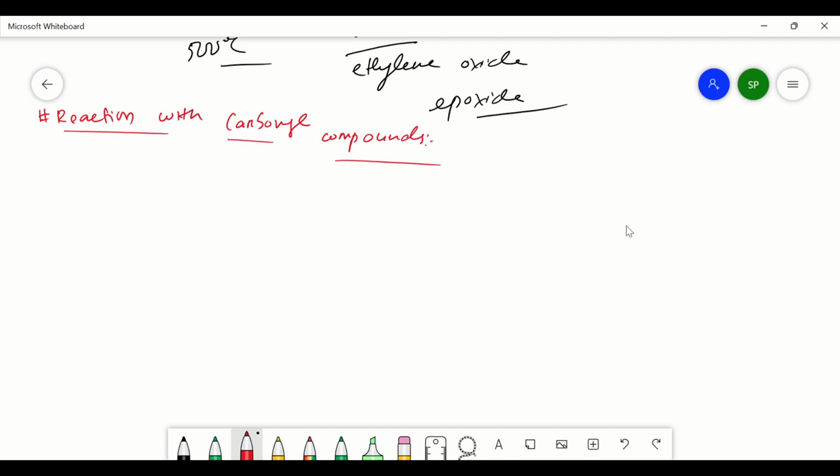Reaction of these diols with carbonyl compounds. Let us consider if we take ethylene glycol with acetaldehyde.